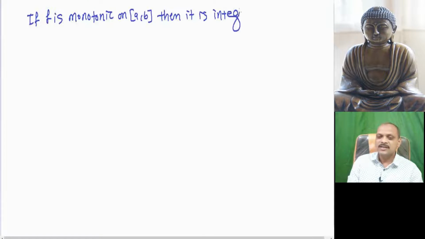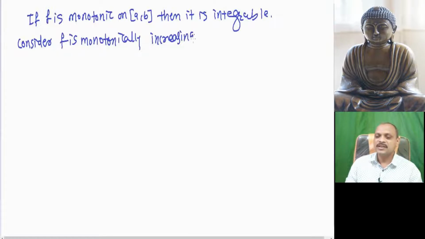So let us consider the case of an increasing function. Consider f is monotonically increasing.